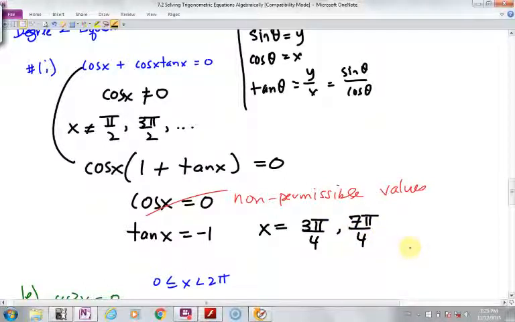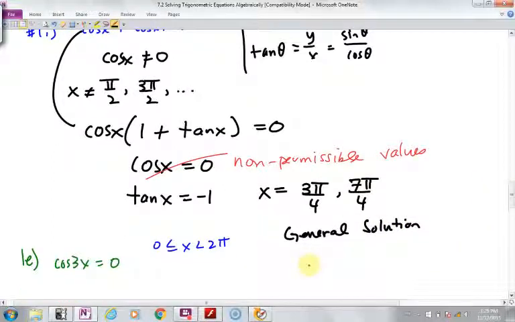Okay? So what about the general solution? How would I write it? How many solutions do I have on the first period of tan? Just the one, just the 3 pi by 4.